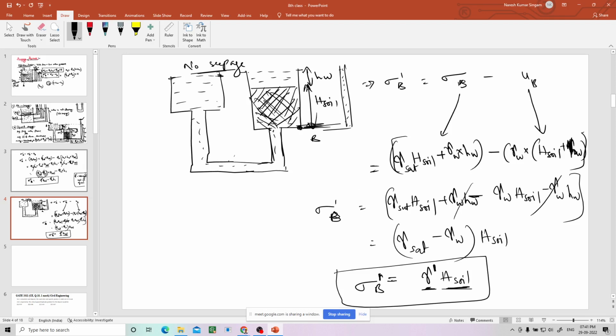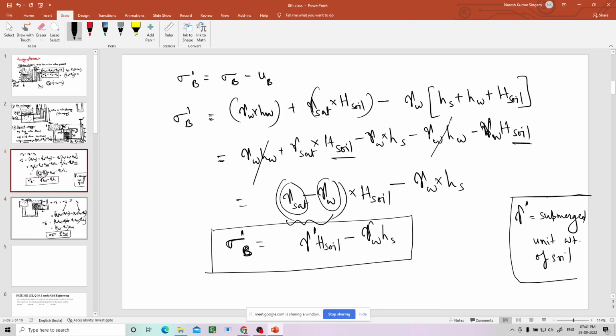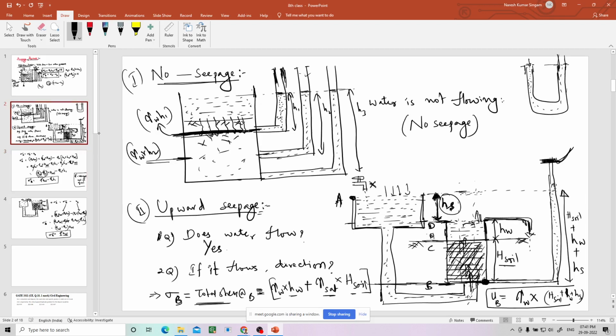Whereas if, as we discussed, here what is happening, upward seepage. Whenever upward seepage, what we discussed, we have derived this, we have taken UB, we calculated UB, that is the height of HS plus HW H soil, capital H soil.